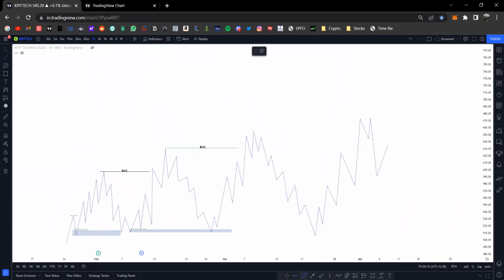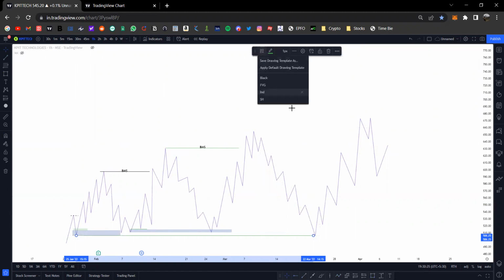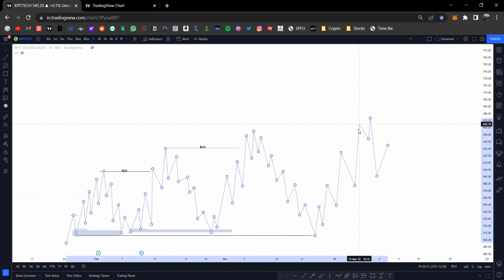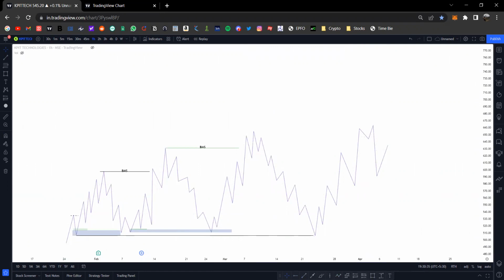So we have a break in market structure towards the downside, if you can see here. So what I will do next is mark the last bullish candle, which is responsible for the BMS towards the downside.